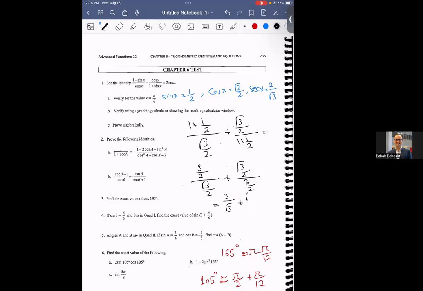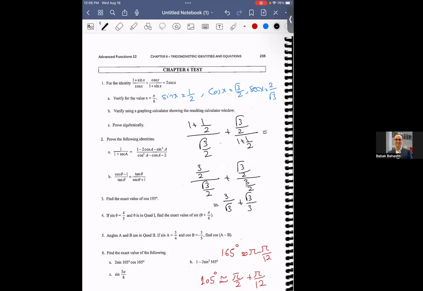The second is root 3 over 3. Is that right? 3 over root 3 plus root 3 over 3.